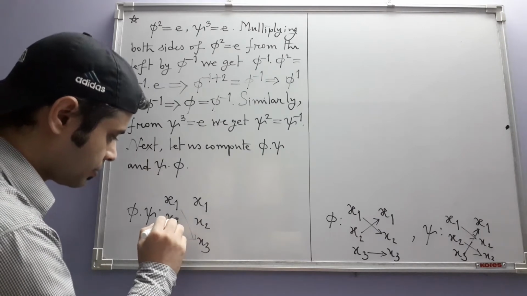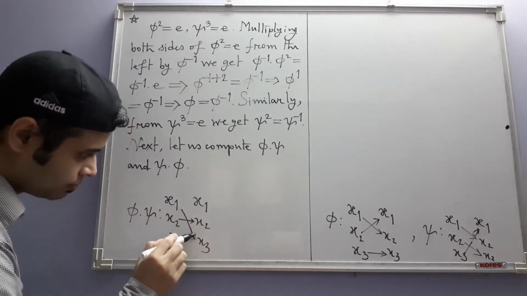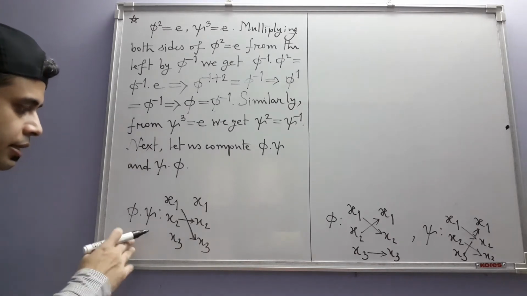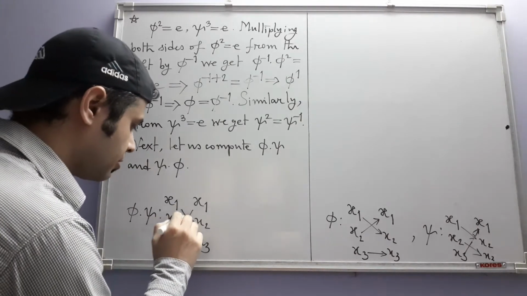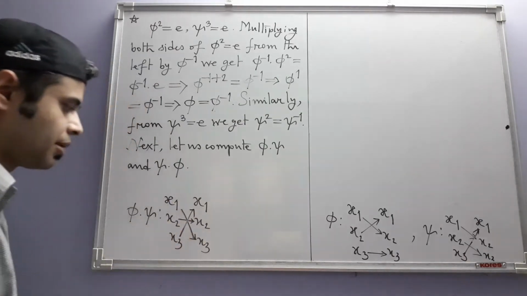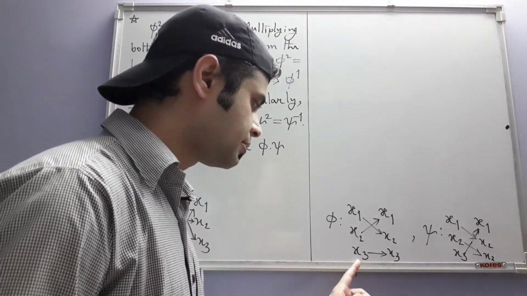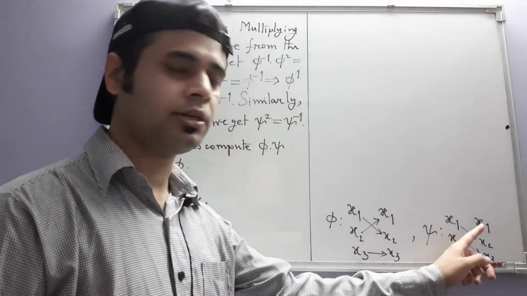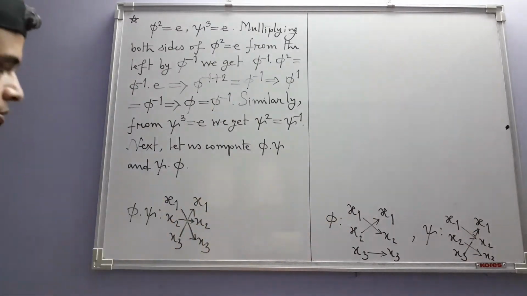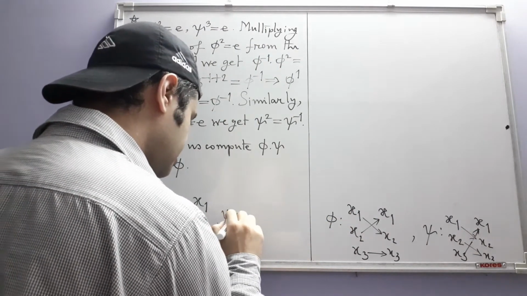So phi dot psi does not change x2, and since it has to ultimately be again in S3, that is a bijection, x3 must be mapped onto x1. You can verify also, x3 is unchanged by phi, and then psi takes x3 to x1, so ultimately we get to x1, and like that we can calculate psi dot phi.